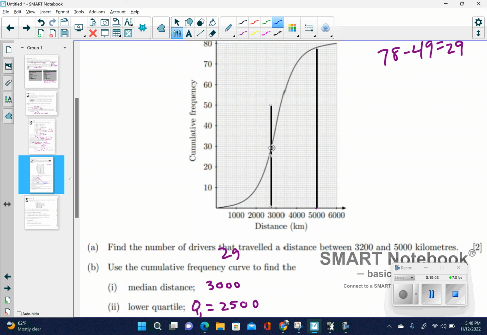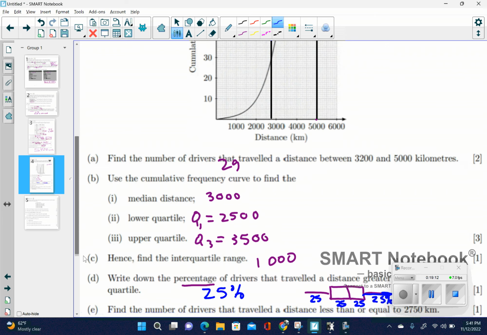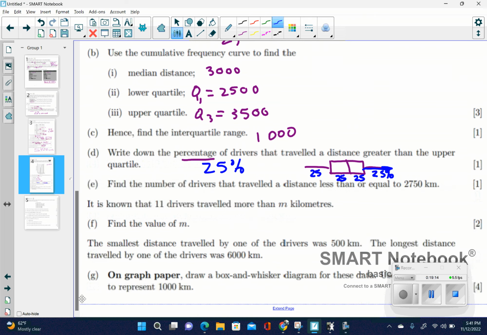All right, so if I look over here, this is about 30. So I could say that the number of drivers that traveled a distance of less than or equal to 2,750 is about 29, or about 30. That traveled no more than 2,750.